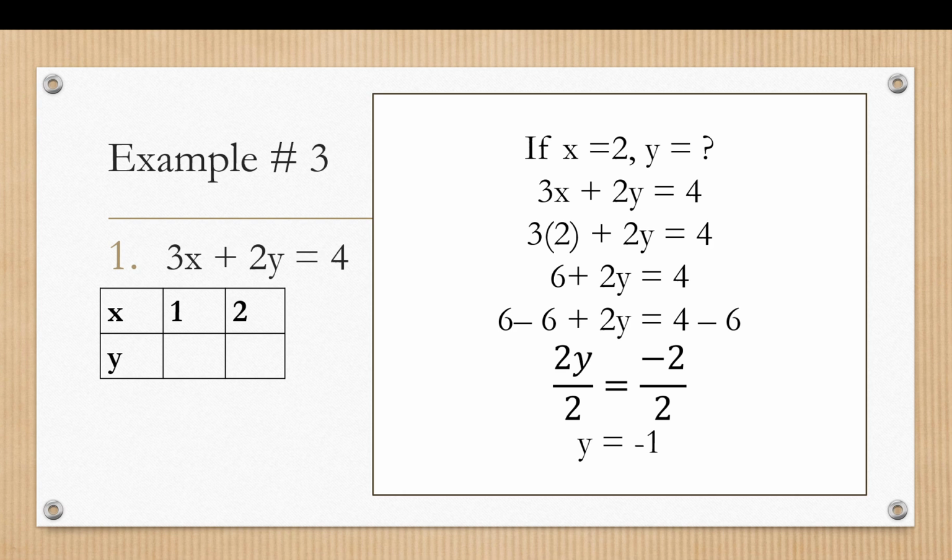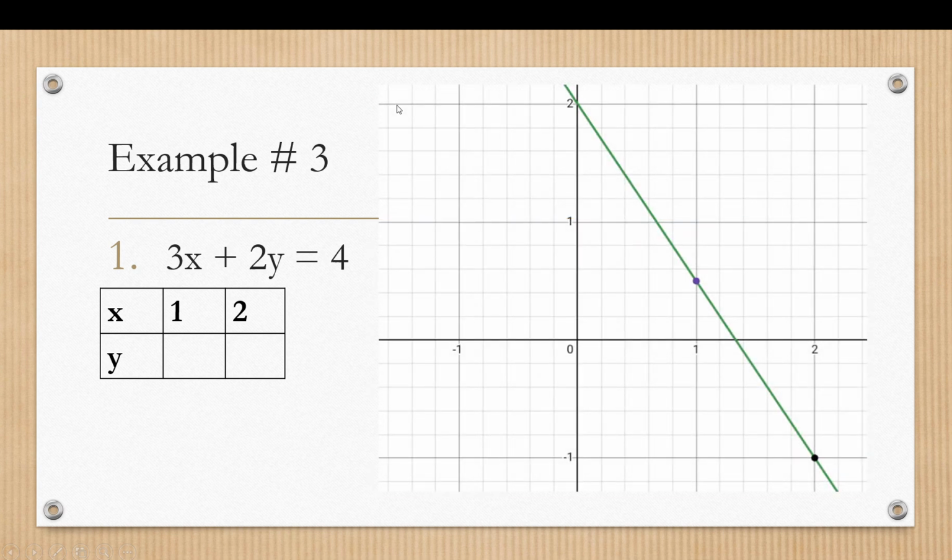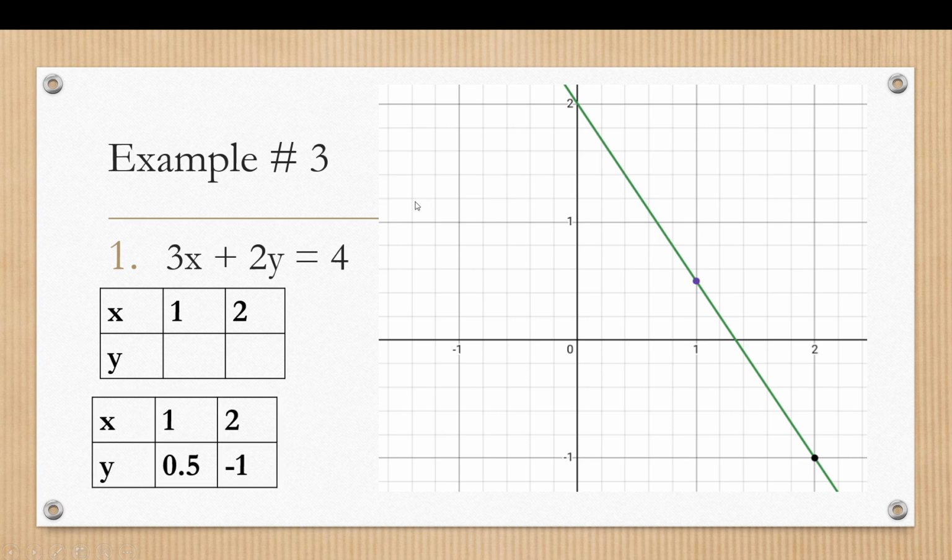It will be 2y = -2, all over 2, which will result to y = -1. Now, using the Desmos graph, we will confirm if our answer and the equation of the line are equal.